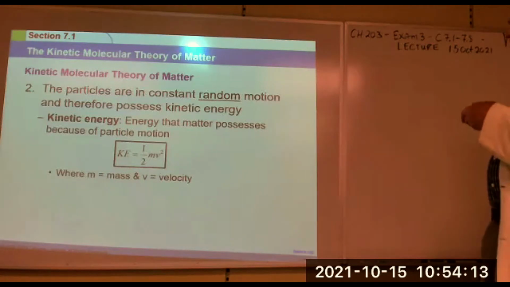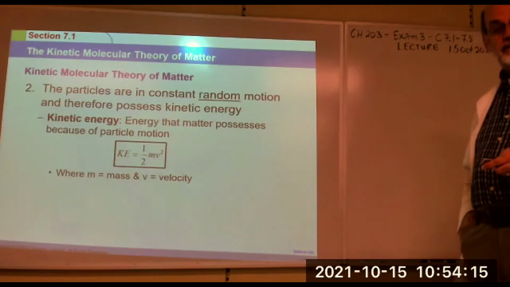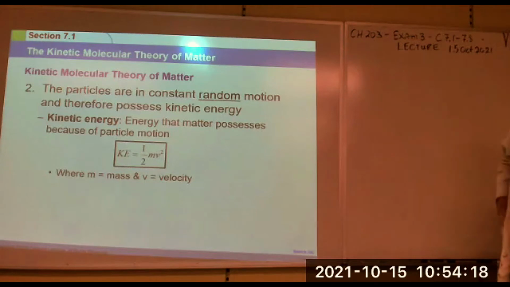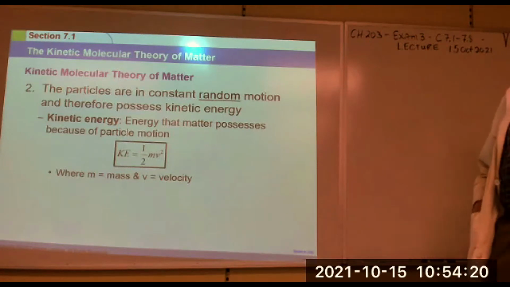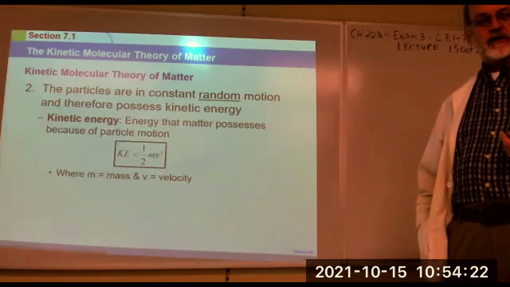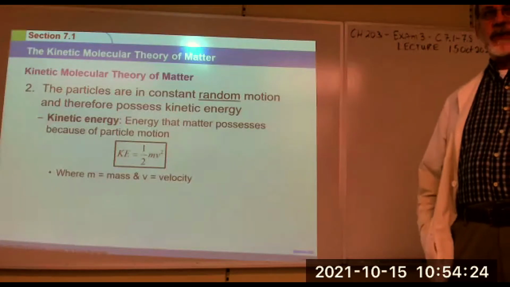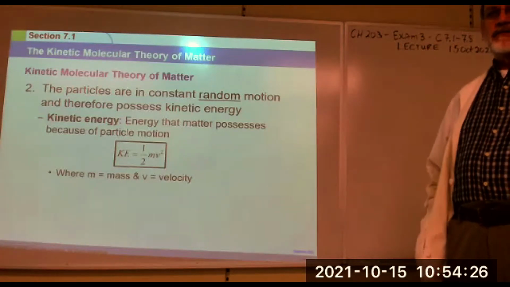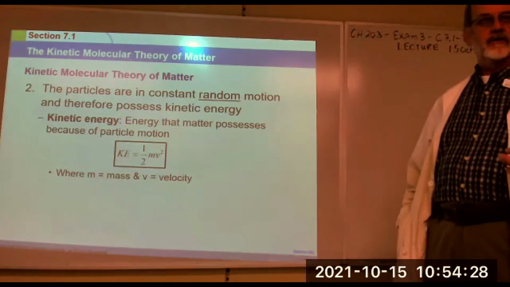The particles are in constant and random motion. This is a requirement of the fact that we can't track every particle in the matter. There's just too many of them. Not even the biggest crazed supercomputer can do that.